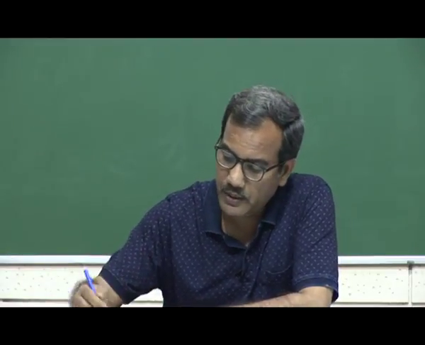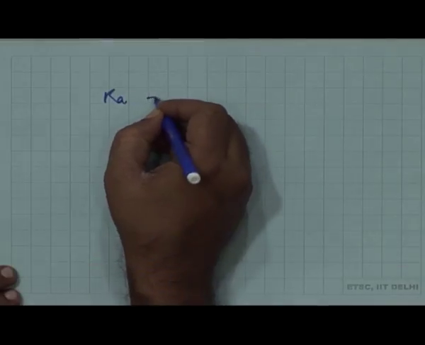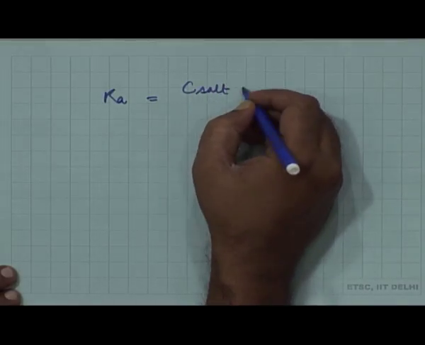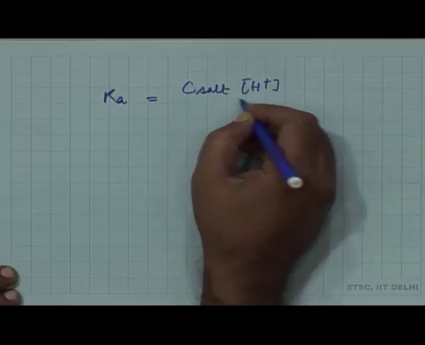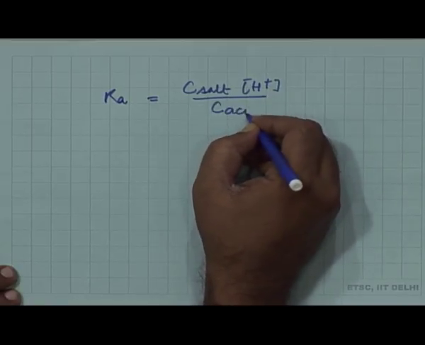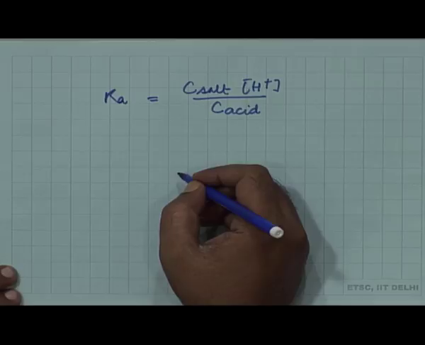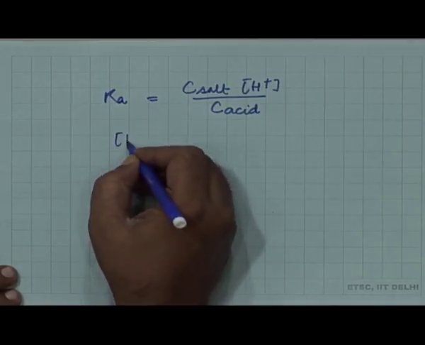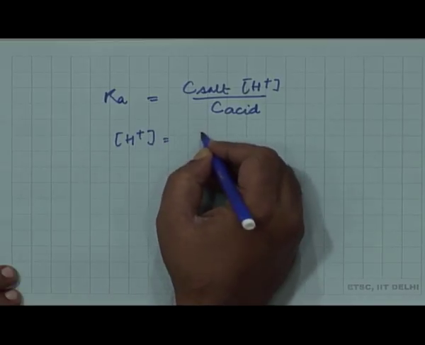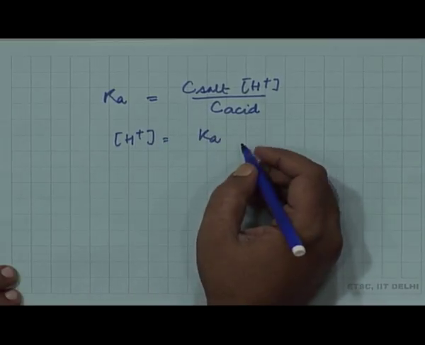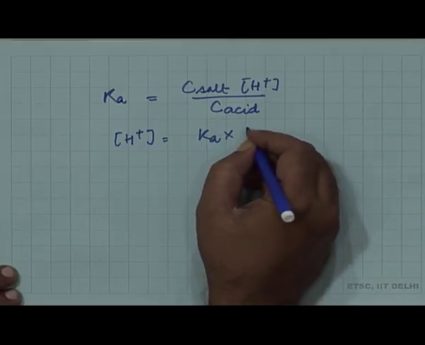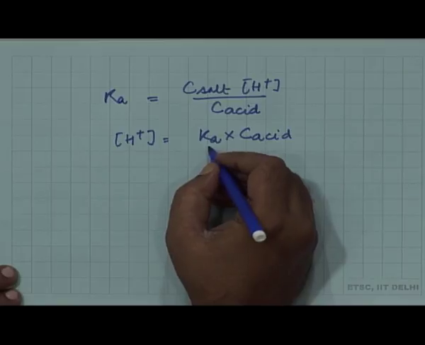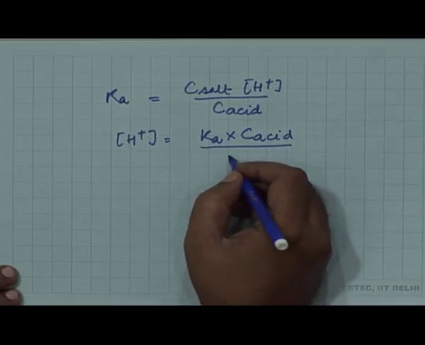So, the acid dissociation constant Ka is equal to C salt into H plus divided by C acid. And so, if I want to calculate the H plus ion concentration, this is equal to Ka into C acid by C salt.